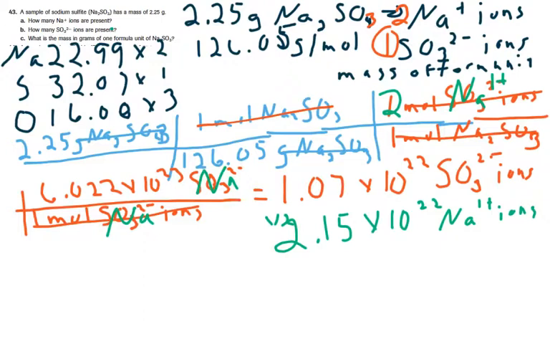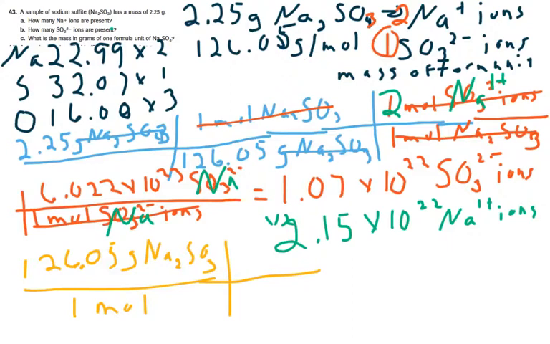And last, we need to figure out grams in a formula unit. Here, all we need is the molar mass and Avogadro's number. So, molar mass, we know there is 126.05 grams of sodium sulfite in 1 mole.